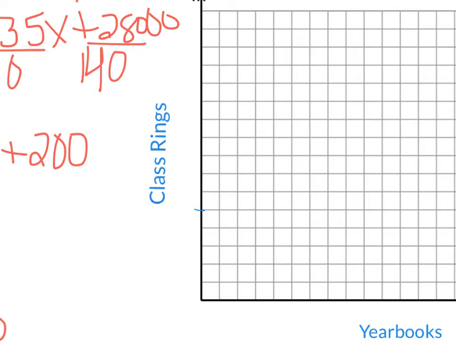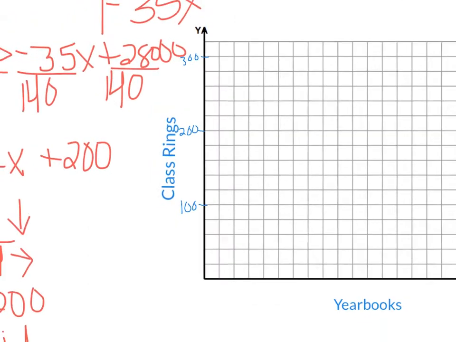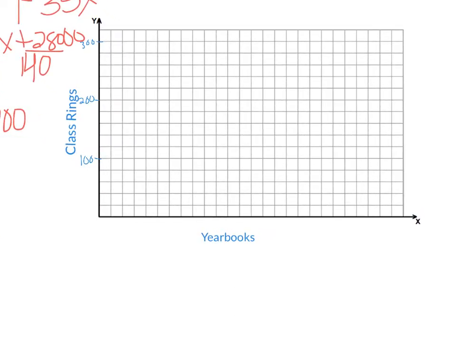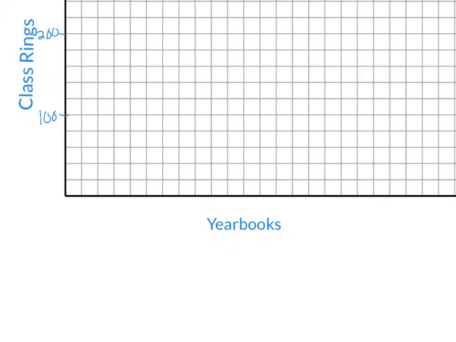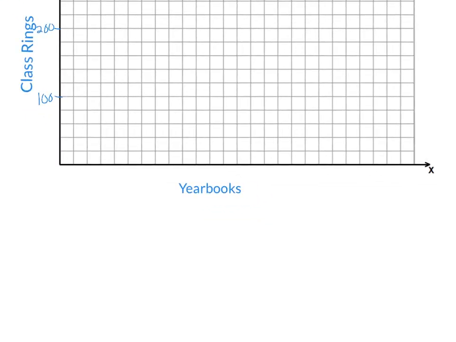I'm just going to put hundreds on here, but every 5 lines. 2, 3, 4. This would be 200. And 1, 2, 3, 4, 5. This would be 300. I'm going to do the same on the bottom. Because I want to use my slope of negative 1/4 and I want things to be easier when I graph, I'm going to make sure that my scales on both the x and y axis are the same.